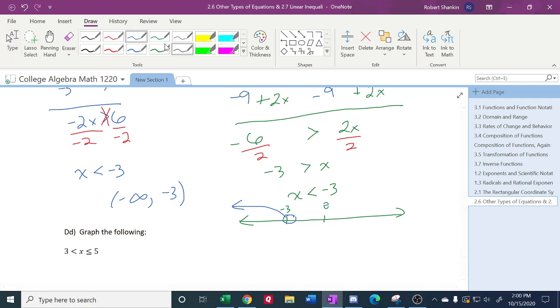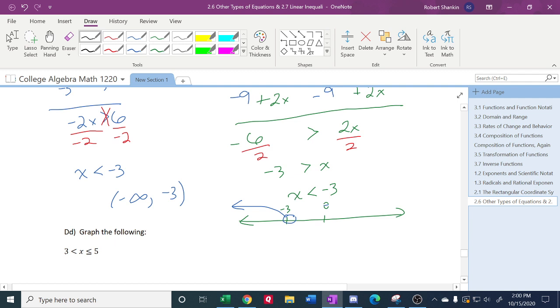It says that x. Now, how do you read this? A lot of people read this from left to right: 3 less than x less than or equal to 5. But it's more easily understood if you read it from the middle every time.